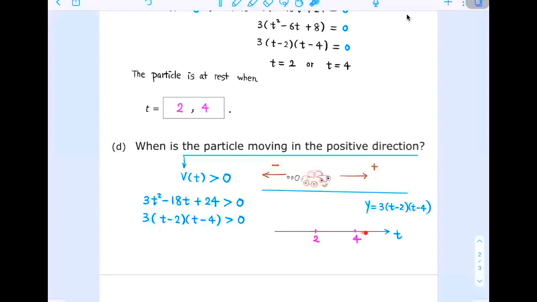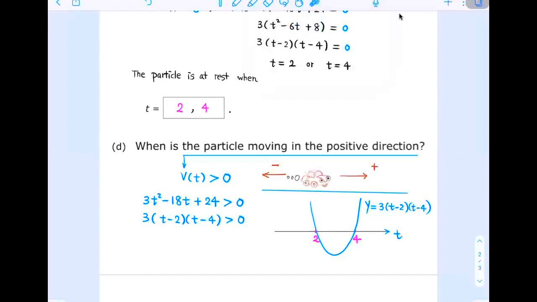So I draw a number line for t, and I label these two important numbers, 2 and 4. Those are the t-intercepts. Notice that y equals 3 times t minus 2 times t minus 4. The graph of it is a parabola that opens up because of the positive coefficient on the t squared. So I draw a parabola, opens up, passing through these two t-intercepts.